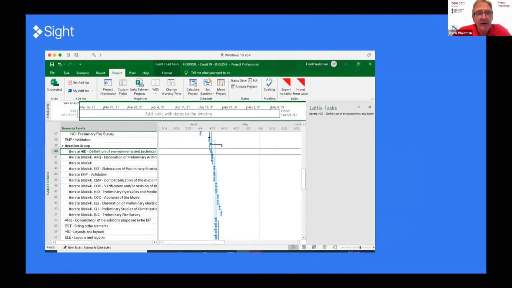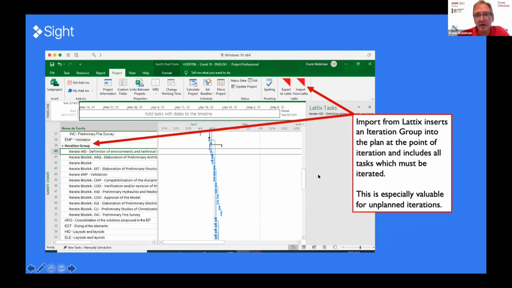This is what it looks like in Microsoft Project. There are import and export add-ins that we've created so that you can bring in data. So if you have a Microsoft Project plan, you can just import it into Sight. But more importantly, you can export from Sight into Project.